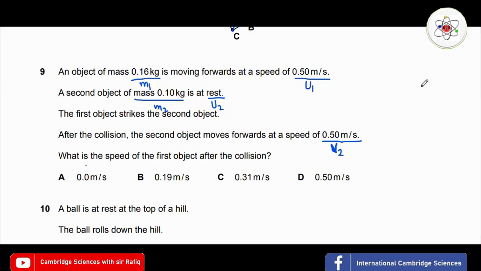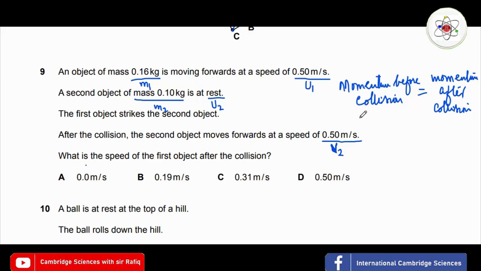As you know, the total momentum of the system before collision should be equal to the momentum after collision. Total momentum of the system we are talking about, after collision.